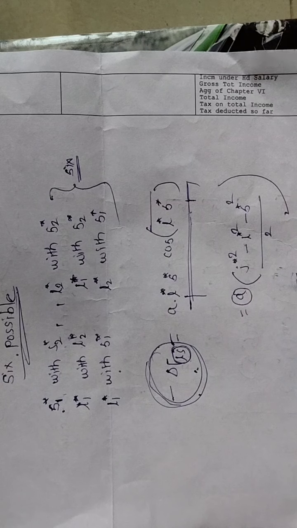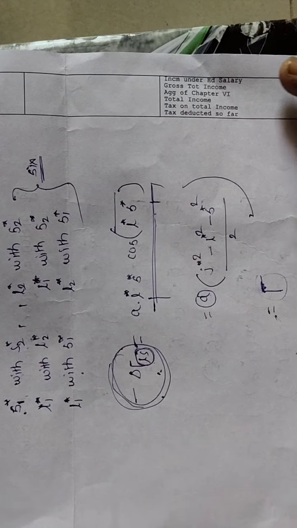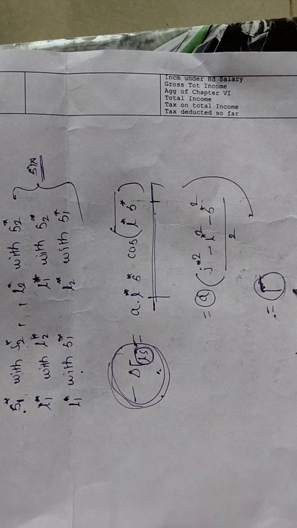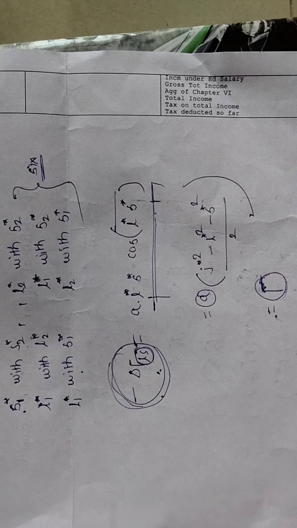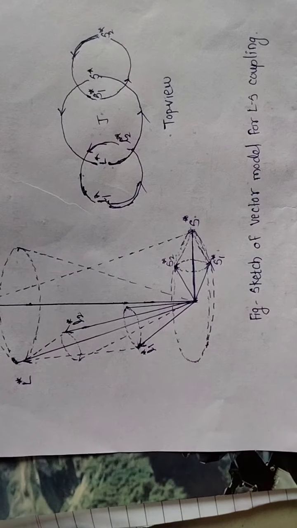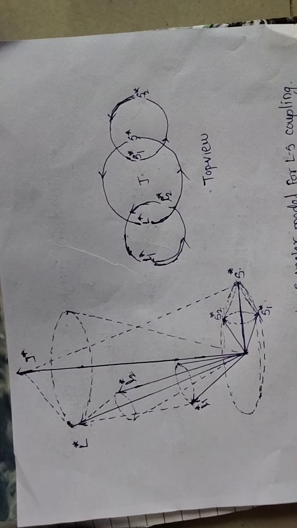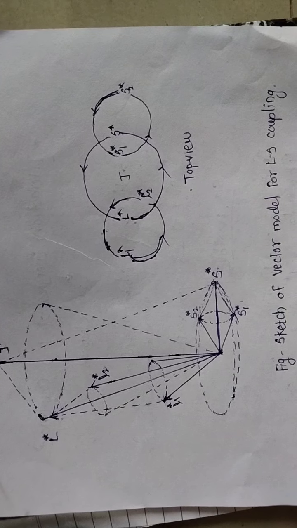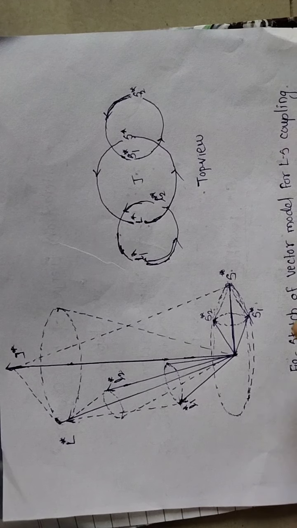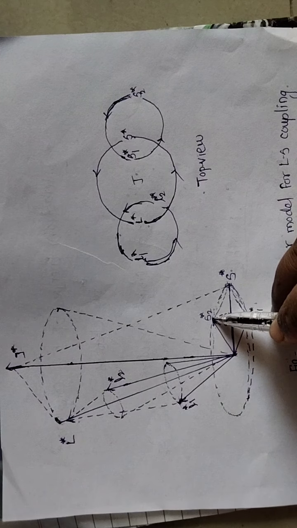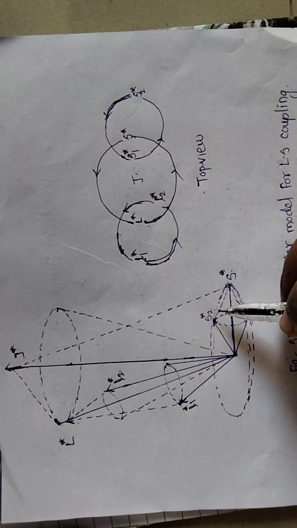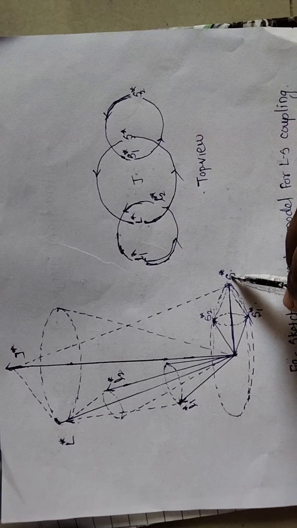Here a is the radius of that orbit, and lambda is the symbol of the term value. After that we saw the vector diagram of the LS coupling. Here S1 star and S2 star are coupled with each other and precess along the resultant S star.